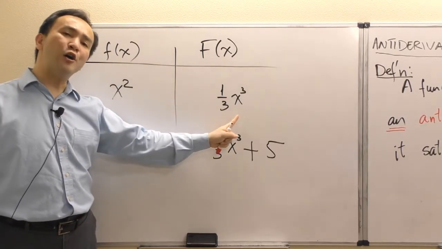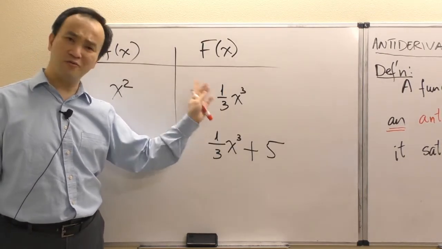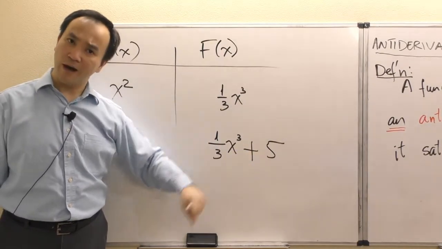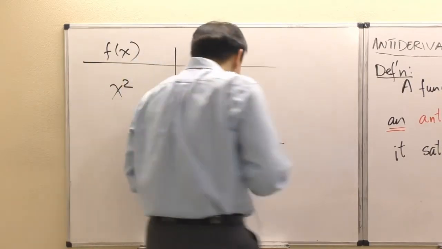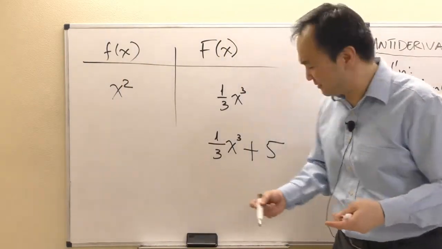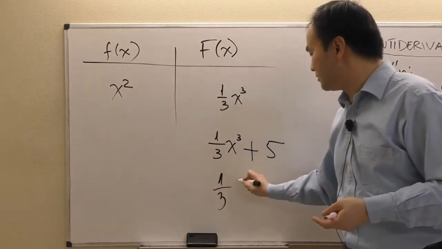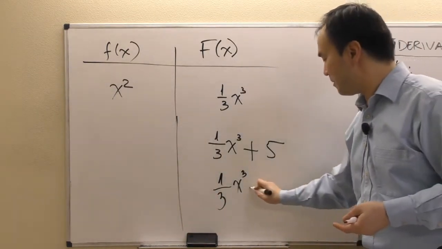This is also an antiderivative, and as a matter of fact, this is the most natural one that happens when we were just searching backward. But plus 5 is also one. So in that way, it started opening a door for us, because now things can go a little wild. How about 1/3 x cubed minus 1,000?